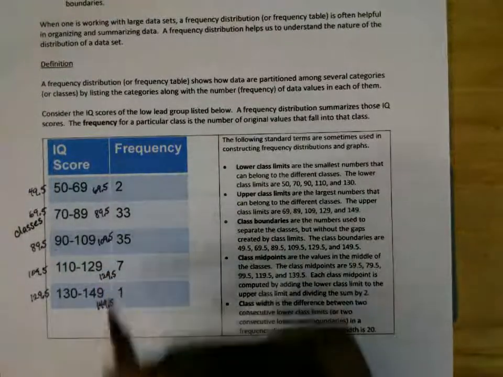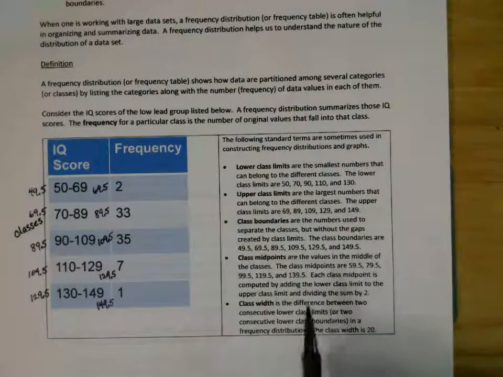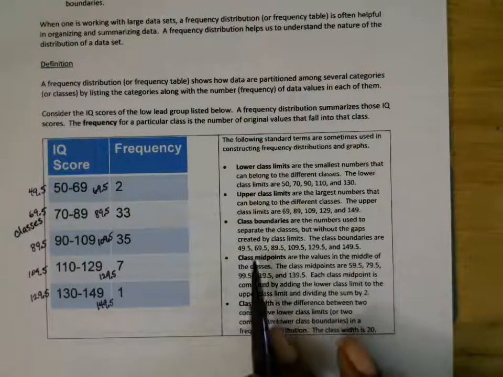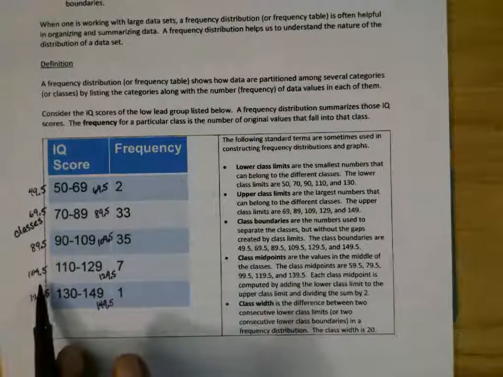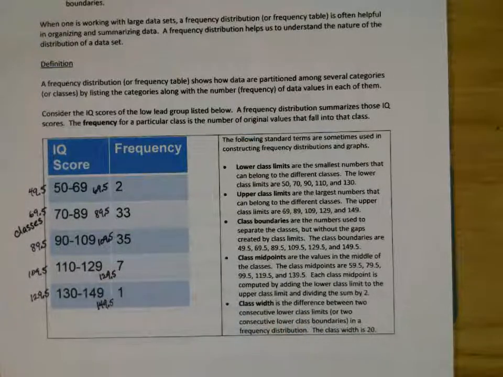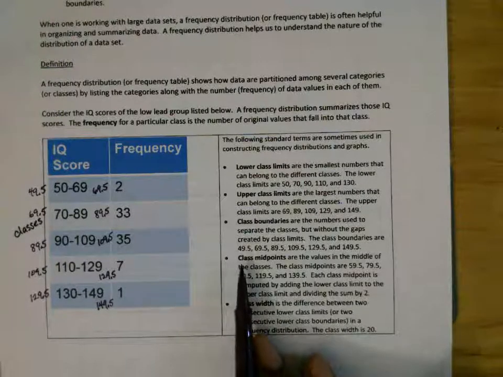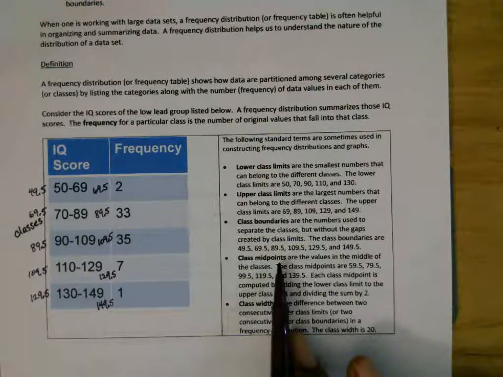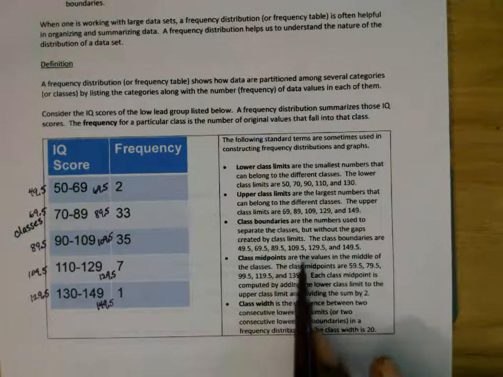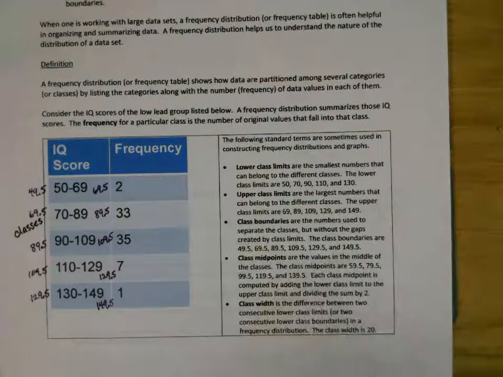So these are all of my class boundaries here. Okay. And some of these class boundaries do repeat, like the 69.5, 89.5, 109.5, and 129.5. So all your class boundaries are going to be 49.5, 69.5, 89.5, 109.5, 129.5, and 149.5.